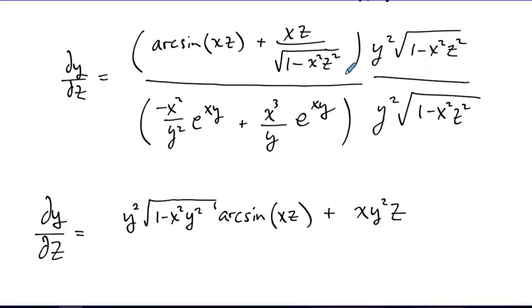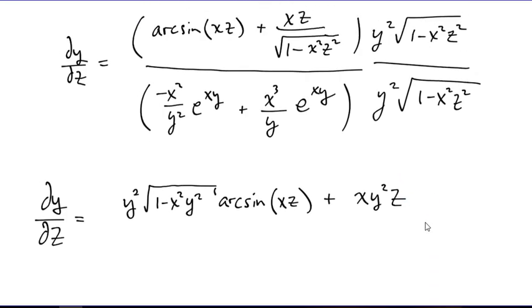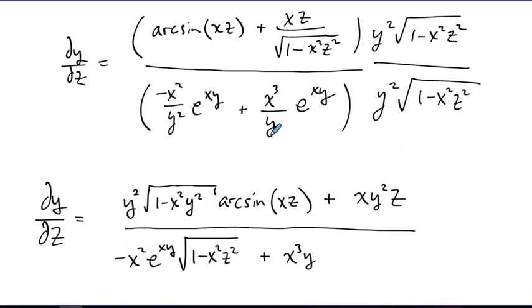Here the square roots cancel, and I'm just left with these factors of x, z, and y squared. And I put them in alphabetical order, which is a typical thing to do. Now when I distribute this factor times both terms, the y squared cancels, and then the one factor of y cancels when I distribute here.